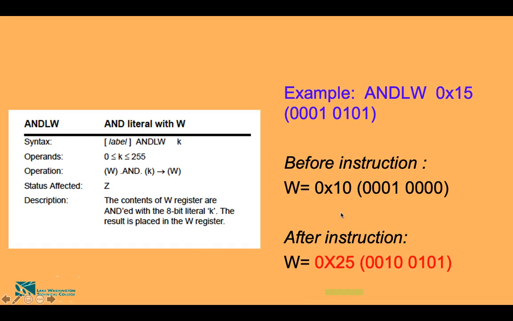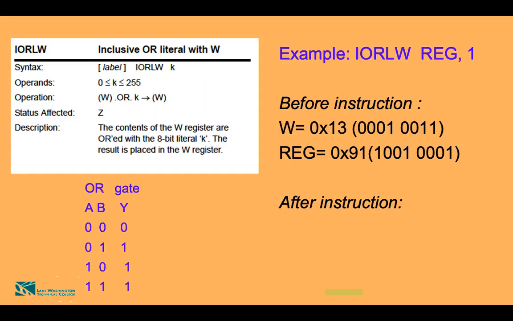Now next, we have inclusive OR of a literal number with W, so IORLW is the next instruction set. I've taken this example: IORLW REG, 1. Before the instruction, we have this value in the working register, 13 hexadecimal, and this is how it is represented in binary.